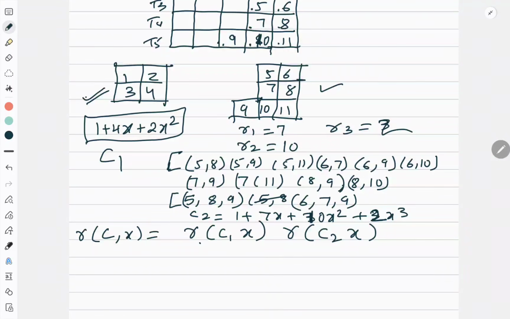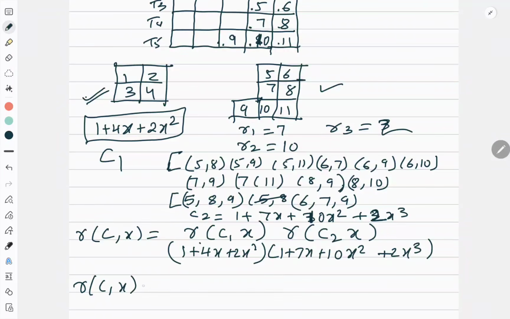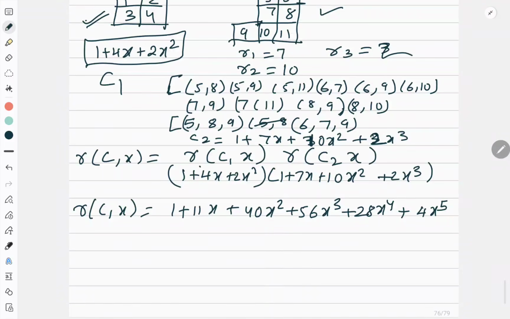Right. So I need to multiply these two. So if you multiply 1 plus 4x plus 2x square and 1 plus 7x plus 10x square plus 2x cube, you will get the polynomial. So the polynomial for this is equal to 1 plus 11x plus 40x square plus 56x cube plus 28x to the power 4. You should pause the video and solve it yourself and then cross check the answer.